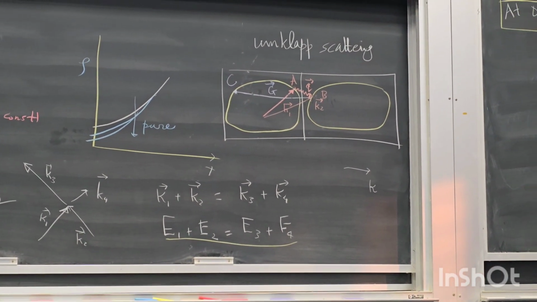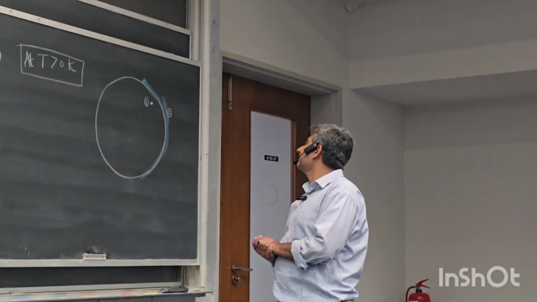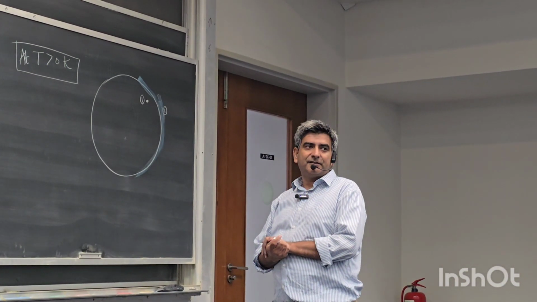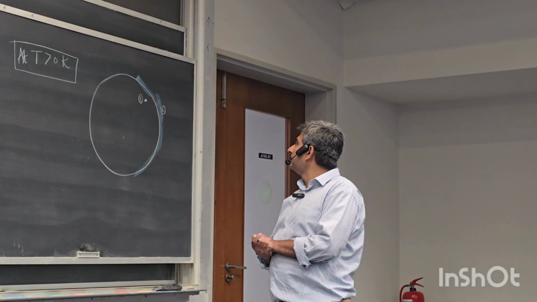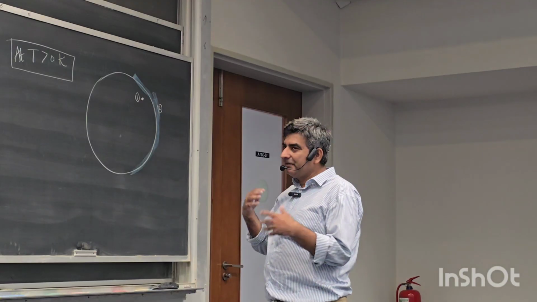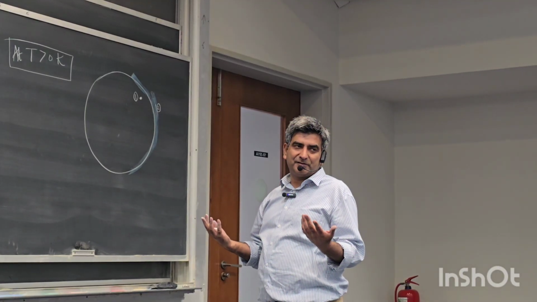Now those two electrons have to be created, but they cannot be created arbitrarily in any region of space whatsoever.